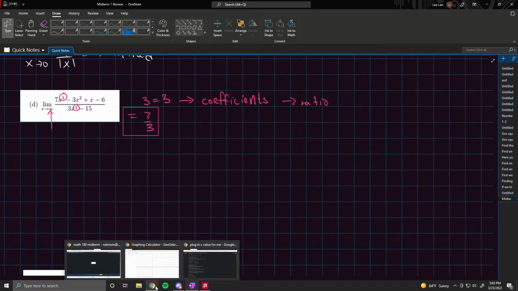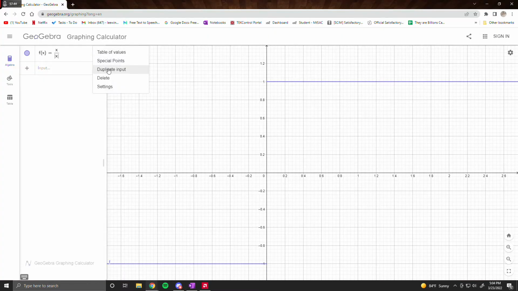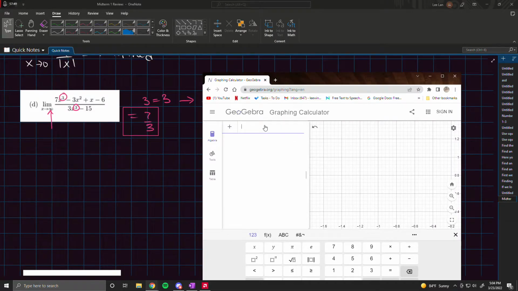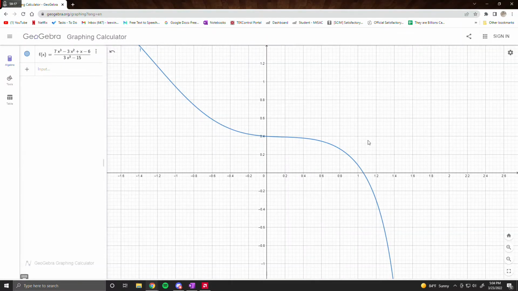If we look at the graph, hopefully it might make some sense. So let's try plotting it. Okay, sorry.